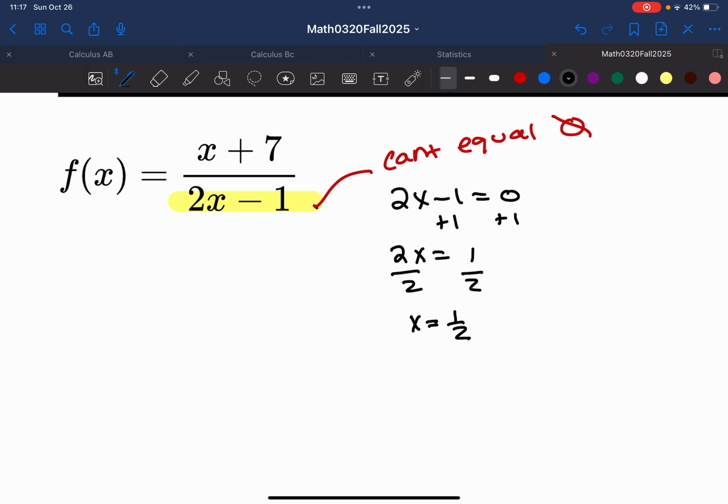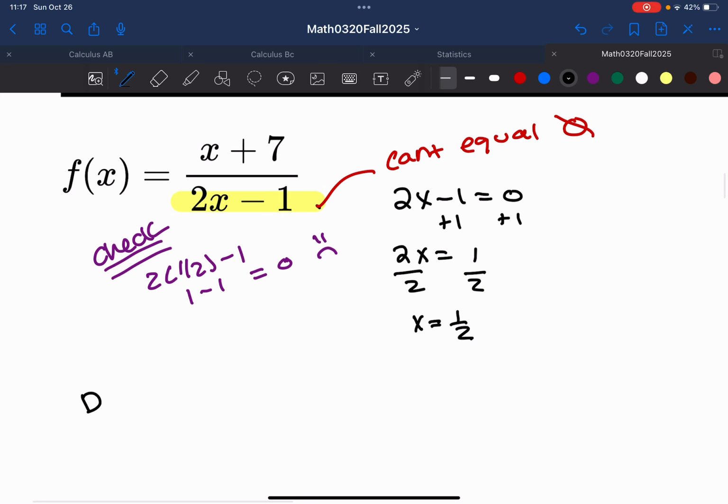That means if I were to plug in 1/2, so this is me doing my little check my work off to the side, 2 times 1/2 minus 1 gives me 1 minus 1, which is 0, which I don't want. Okay, so when I write my domain, I want to exclude that number 1/2 so I don't get 0 in my denominator.